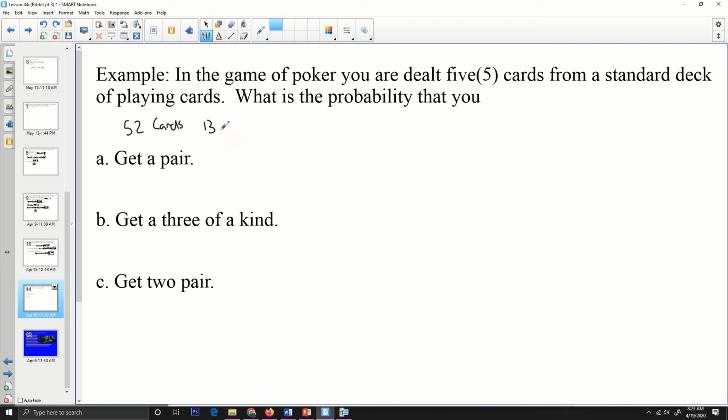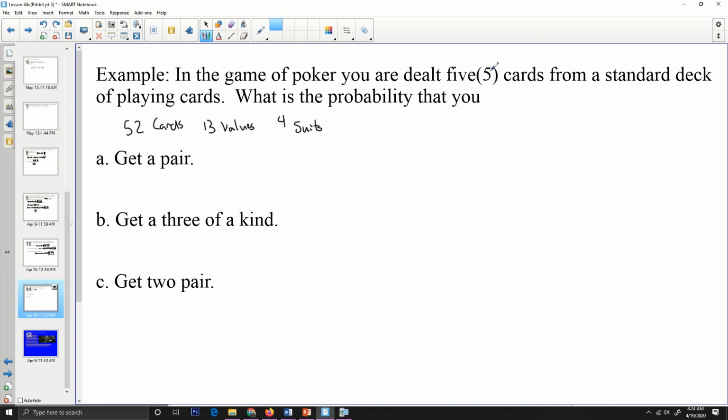There are 13 values for each card. So you've got 2, 3, 4, 5, 6, 7, 8, 9, 10, Jack, Queen, King, Ace. 13 values. There are 4 suits: hearts, diamonds, clubs, and spades. And that's it. So that's how we're going to be calculating this.